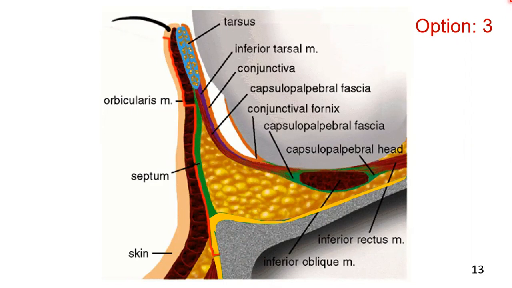Step dissection outlined here is technically easier than the other two options, that is option 1 and 2. It preserves pretarsal fibers of the orbicularis oculi, thereby limiting scarring at the eyelid margin as associated with option 1 and 2.